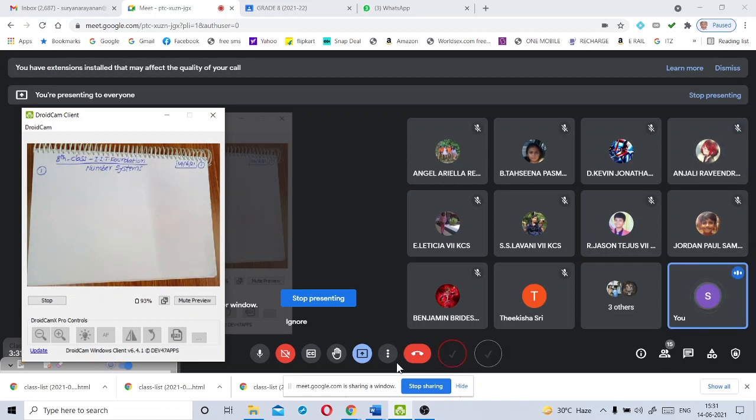If you write the numbers from small number to bigger number, that is called ascending order. If you write the given numbers from bigger number to smaller number, this order is called descending order. Now today let us discuss some problems based on this ascending order and descending order.